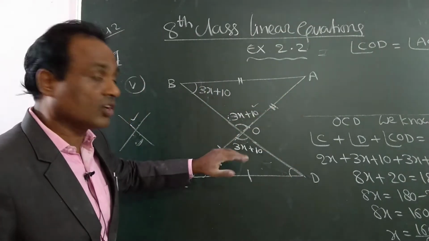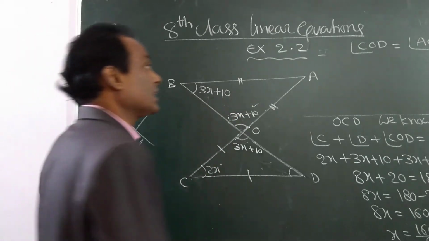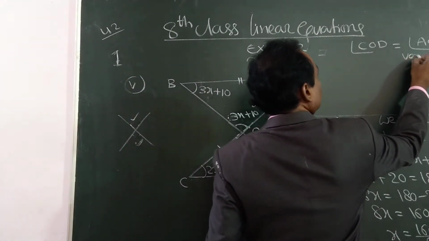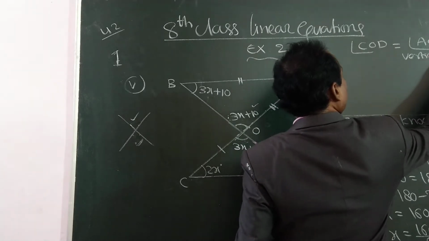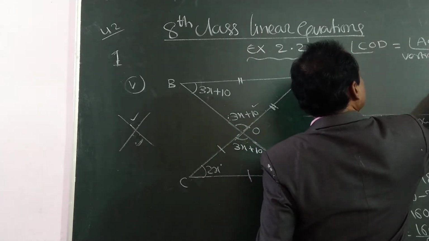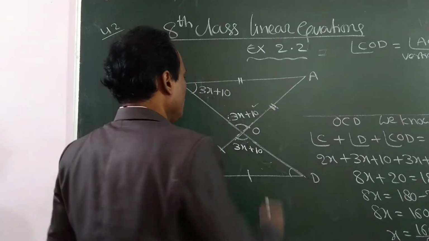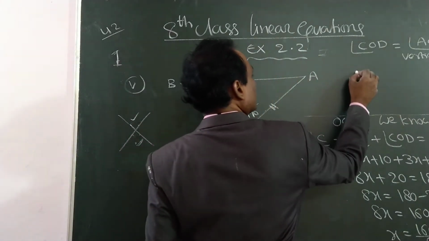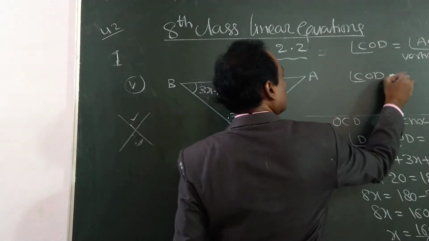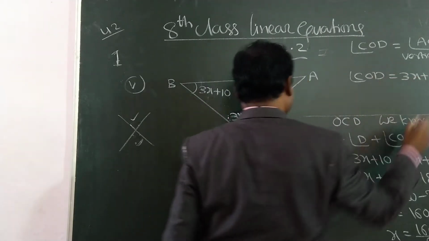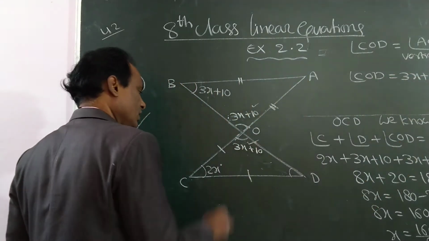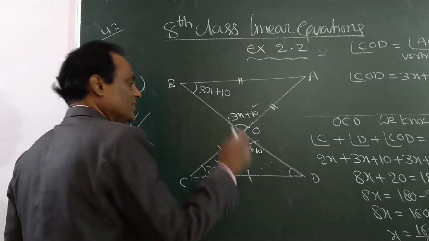These two angles are equal. Vertically opposite angles. Write down the reason: vertically opposite angles. So therefore angle COD is also 3x plus 10. So we got this angle. This is already given. This we got.